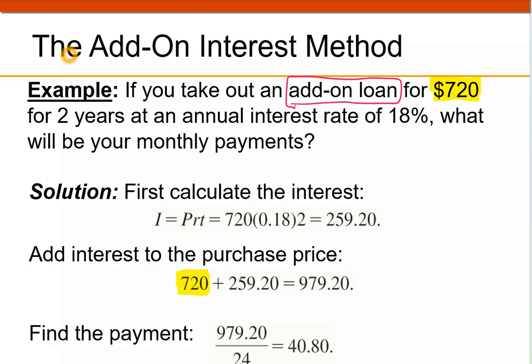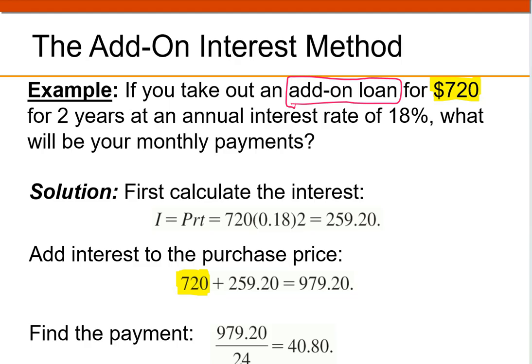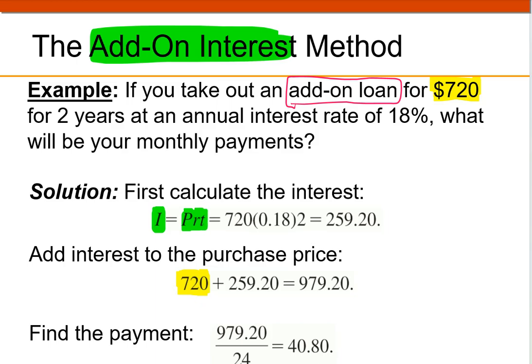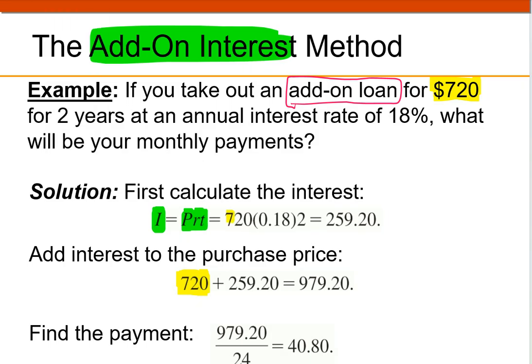Plus interest. They are going to add on the interest to that. Now to calculate interest, it's simple interest, so that's principal times rate times time. Our principal was $720.